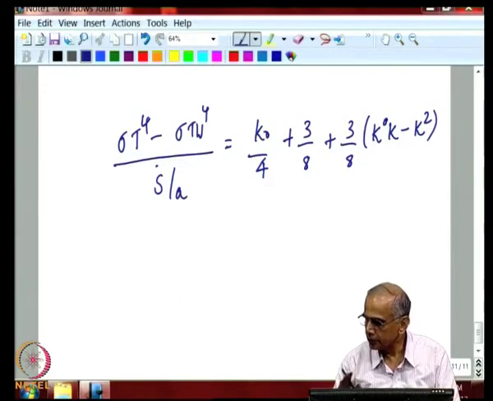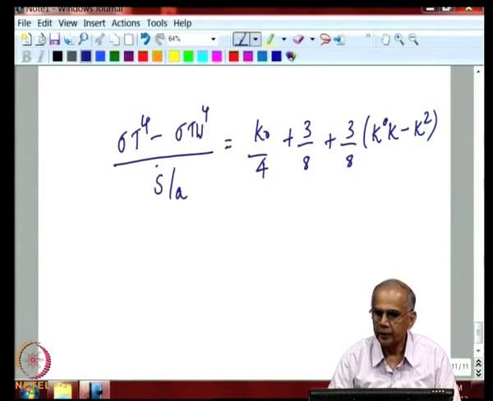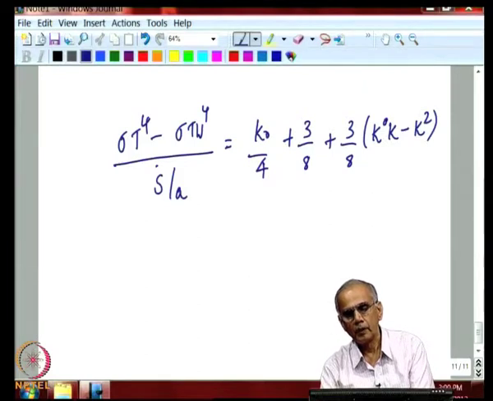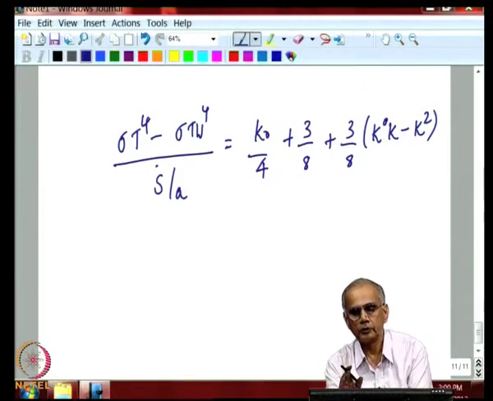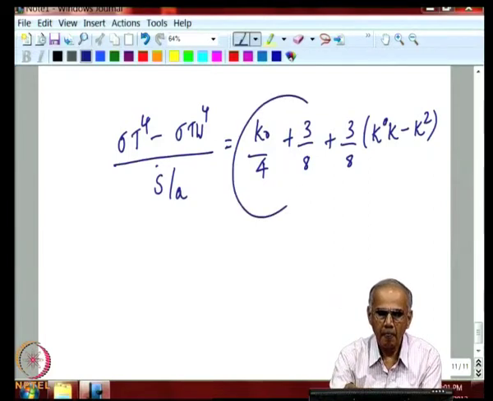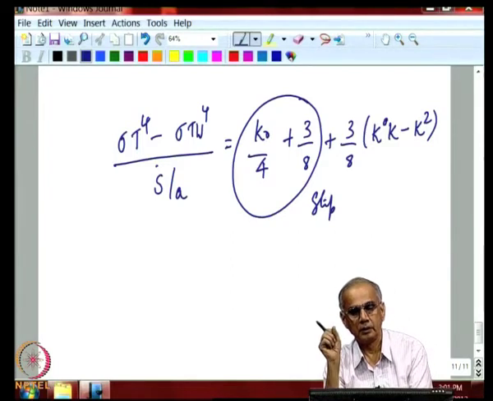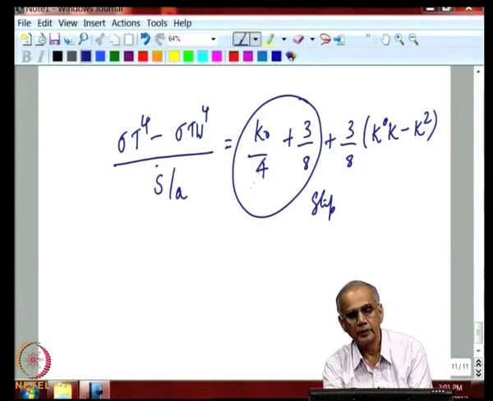So this is the general result you got here, and it has very interesting features which we want to recognize. You can see that both at kappa equals 0 and kappa not 0 there is a slip which can be quite large, and notice that in this case the slip never goes to 0. The slip is always there. It is very small when you are in the thin limit, but as you go to the thick limit this quantity does not go to 0.